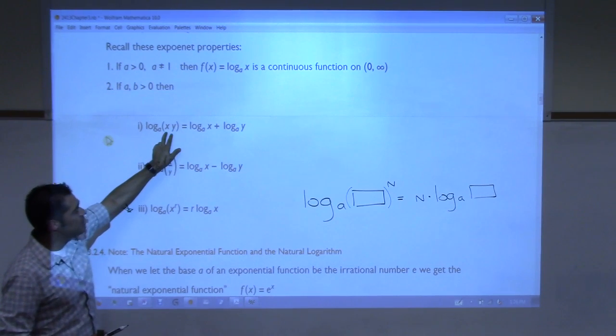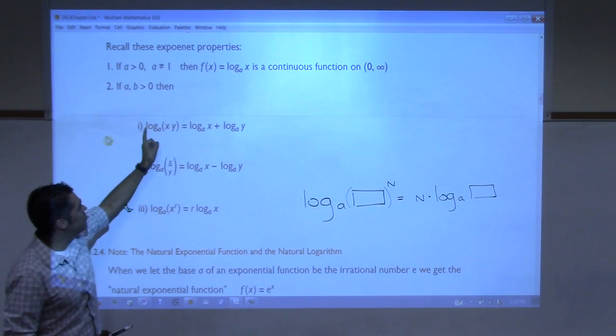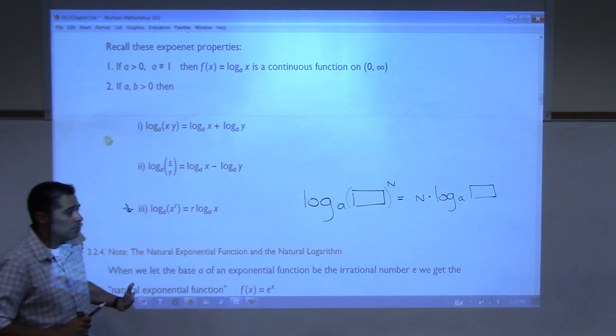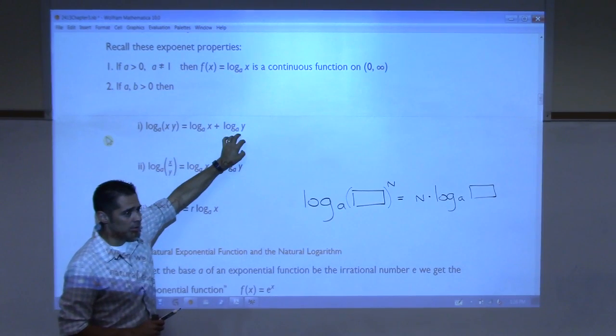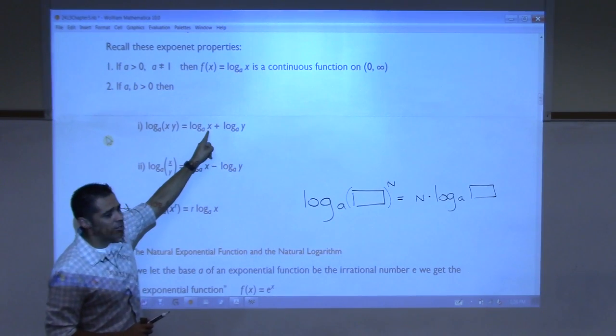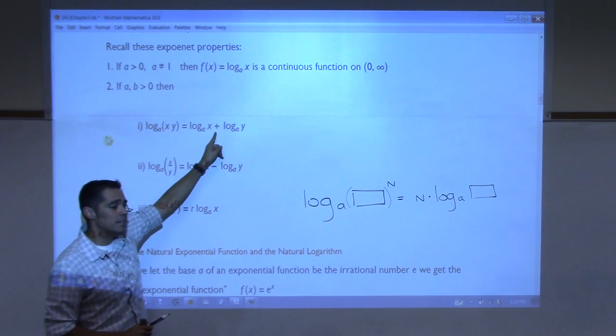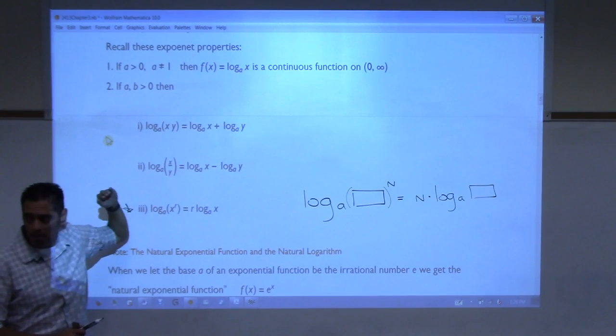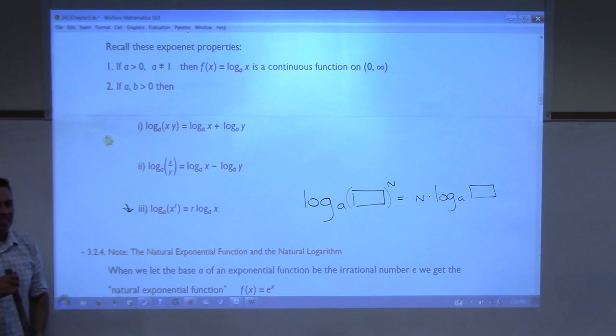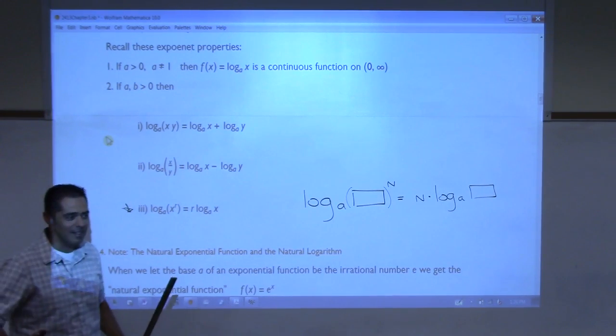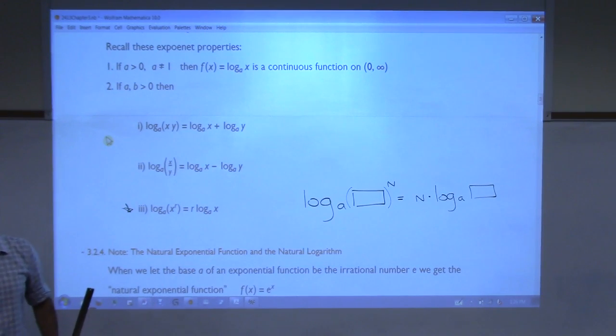If you have multiplication, 2 factors inside of a single log, we are allowed to split it into 2 separate logs. The first factor goes into the first log, the second factor goes into the second log, and we separate them with addition. I don't want to say it's connected at all to derivatives, because it's not. It's just a property of logs.